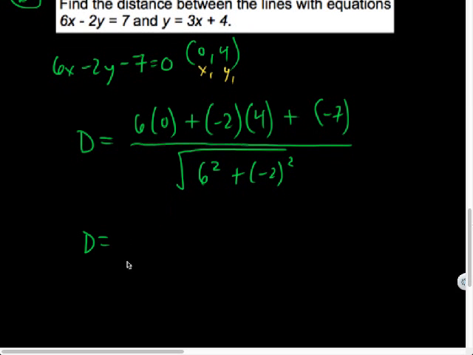So the distance is equal to 6 times 0 is 0, negative 2 times 4 is negative 8, plus a negative 7, all over the square root.